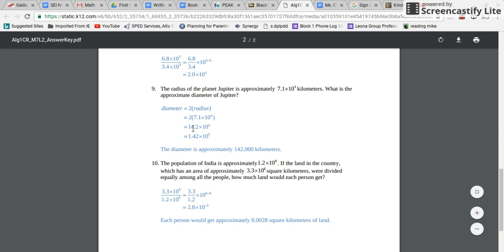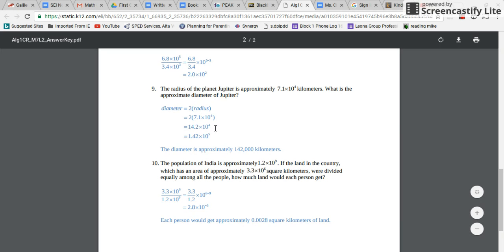Now the tricky part of this problem is when you multiply 2 times 7, you get 14. And this is not in scientific notation because it needs to be a number and then the decimal. So the decimal should be right here after the 1, and it's not. It's after the 4. So you have to move it over one spot. If you move it over one spot, remember you have to add to the exponent.